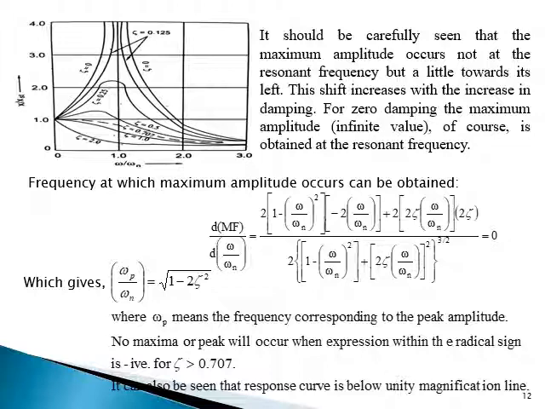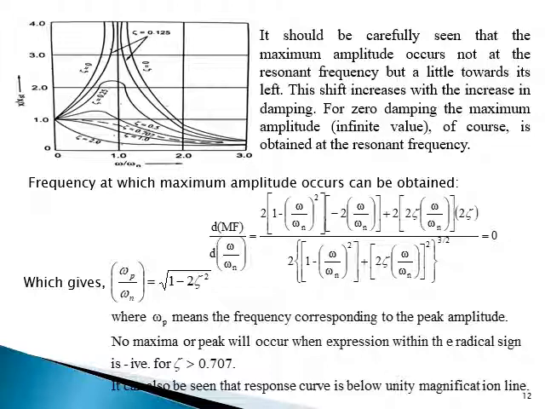It should be carefully noted that the maximum amplitude occurs not at the resonant frequency, not at 1. To find the maximum amplitude, we differentiate the magnification factor with respect to omega by omega n and set it to 0, and omega p by omega n will be equal to the square root of 1 minus 2 zeta square.